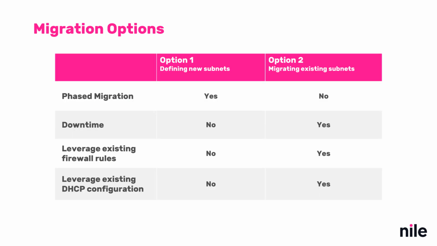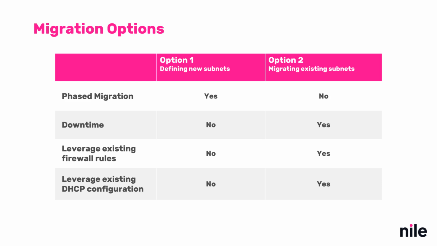There are two primary approaches to migrating to Nile, depending on your environment and design goals. The first option is to define new subnets, which is ideal for a greenfield deployment, which is a completely new site with no existing network dependencies. This method is also recommended if you want to start fresh, conduct a phased rollout, or avoid any unnecessary downtime for network users.